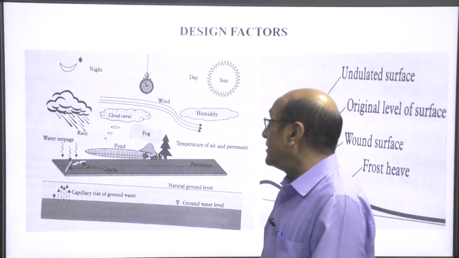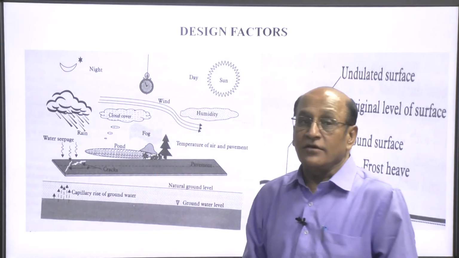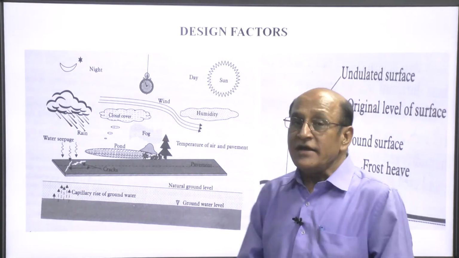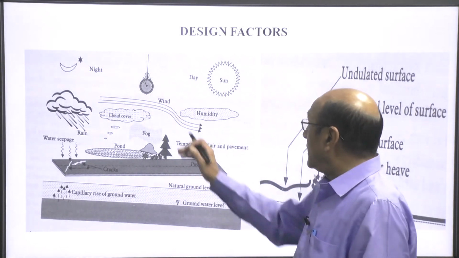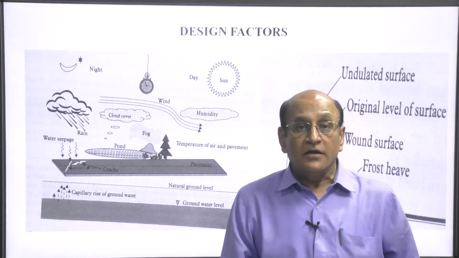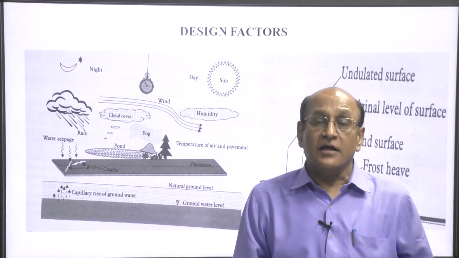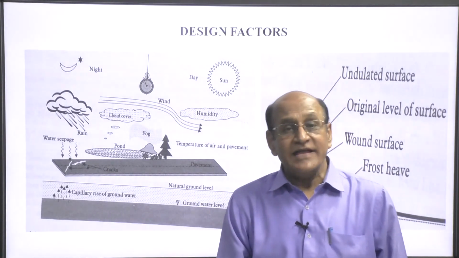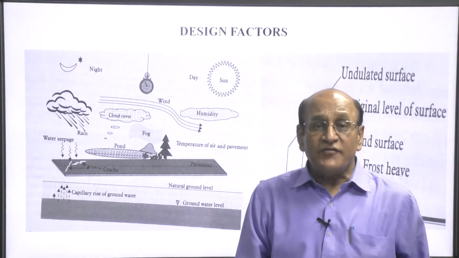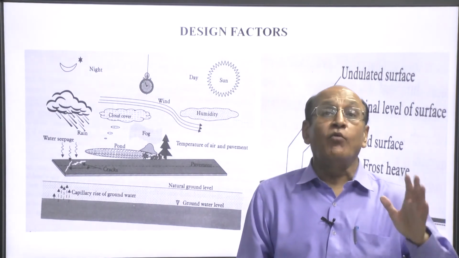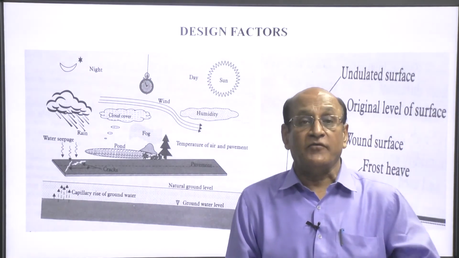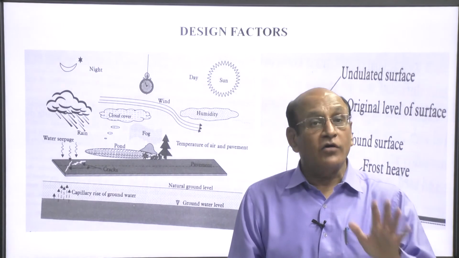This is the rain, the cloud coverage, and in cloud coverage there will be humidity. This is the wind. Wind is also a very important factor, because as per the IRC code, if the wind speed is more than 40 kilometer per hour, then we have to stop all types of construction going on the pavement.